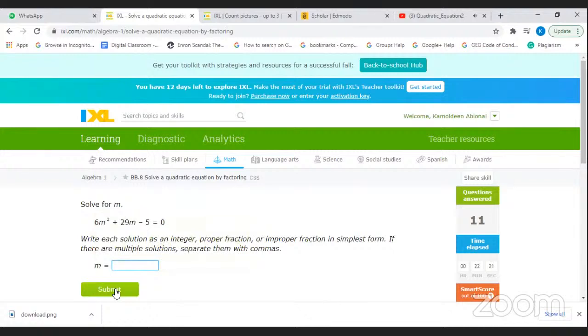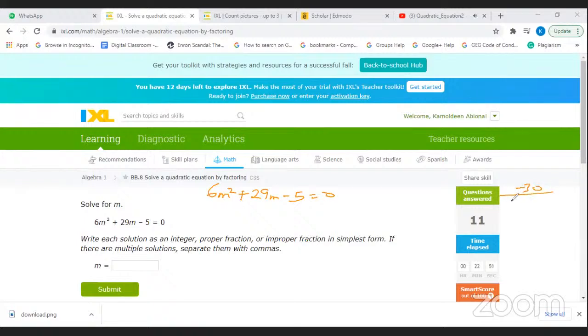So when you do this, let's see. So that would be 6m squared plus 29m minus 5 equals to 0. So in this case now, what do we do? You first multiply 6 times 5, will give us what? 30. That would be minus 30.